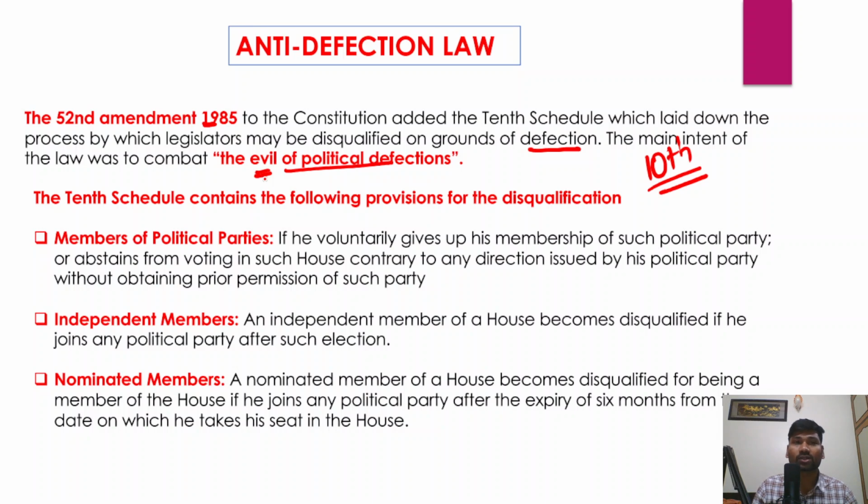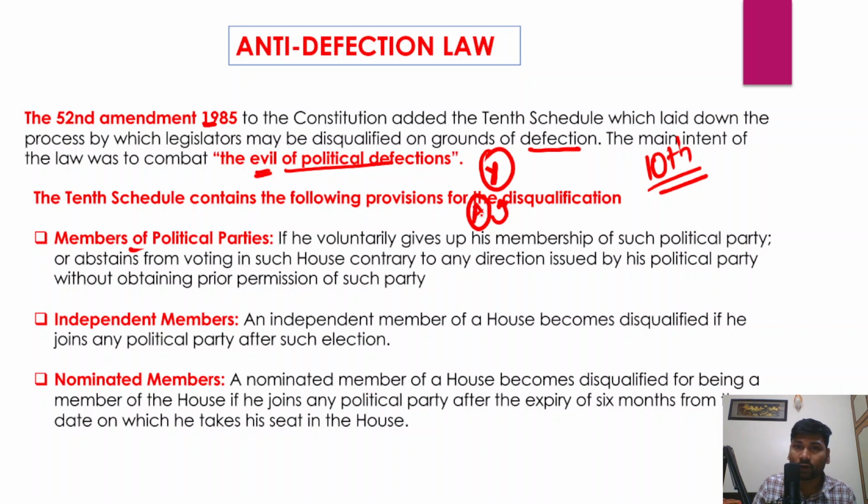Now what are those grounds? Firstly, imagine that person A is a member of a particular political party, right? So he belongs to a particular political party Y. Now member A won elections on a seat given by political party Y, right?